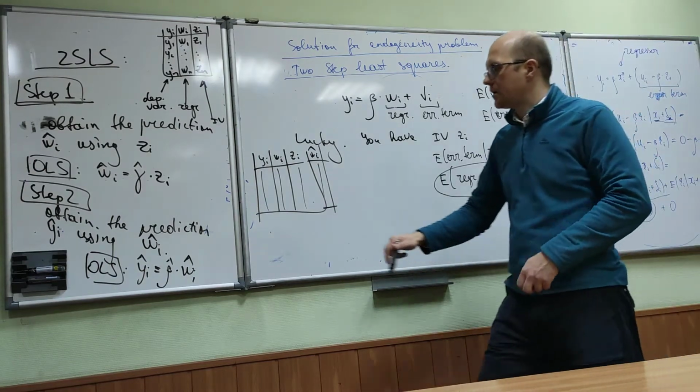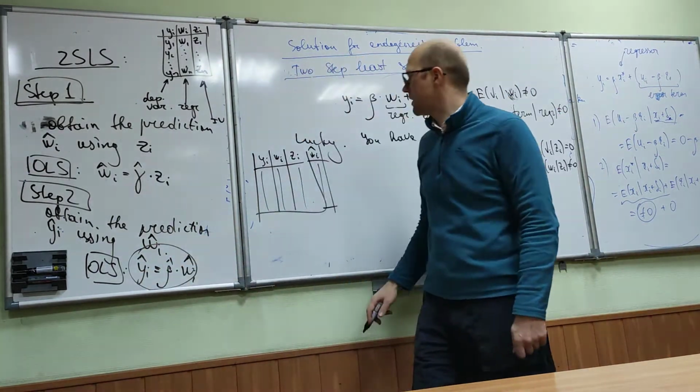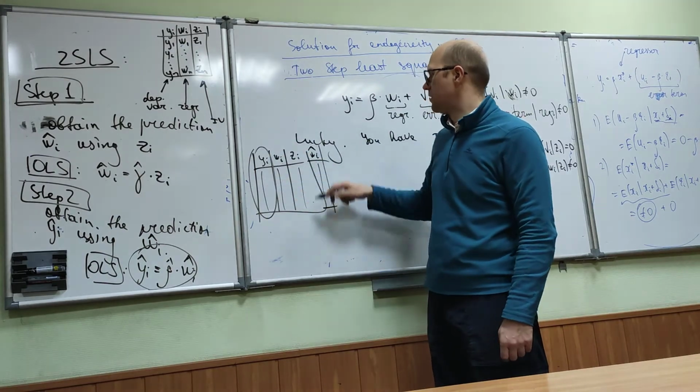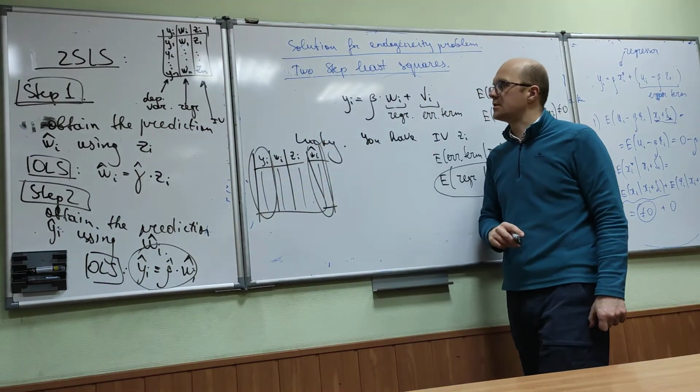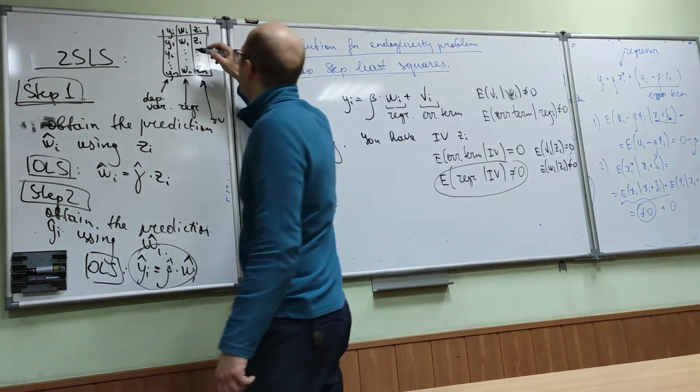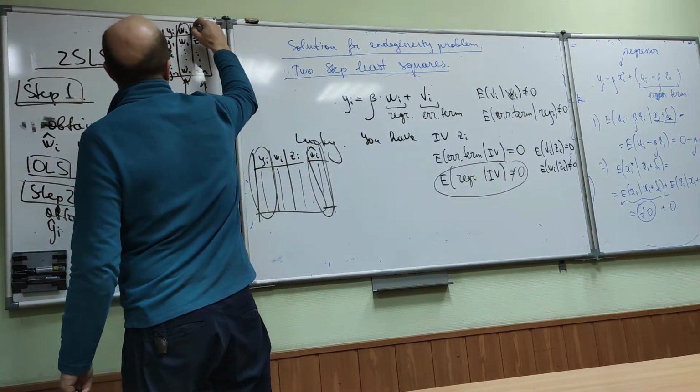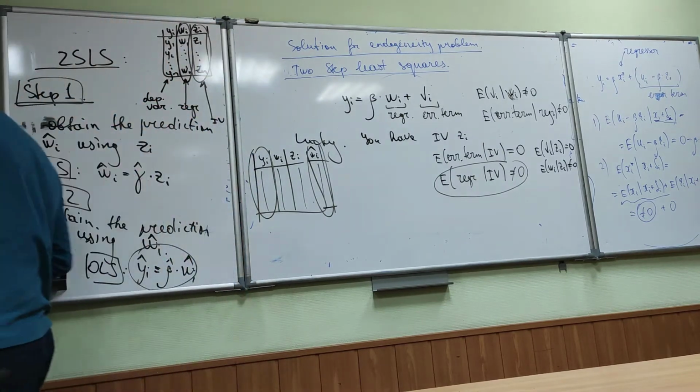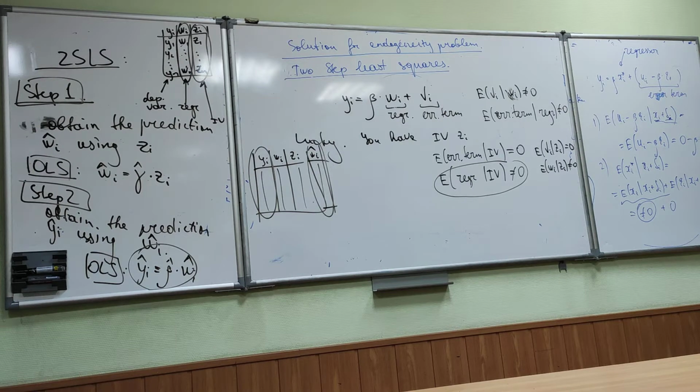On the first step you regress the regressor on the instrument, and on the second step you regress the dependent variable on the predicted regressor. Two steps. That's fine?